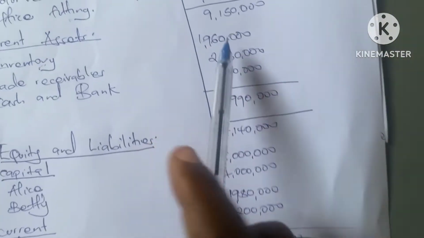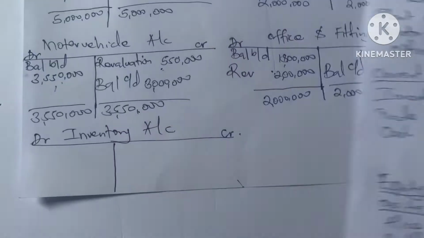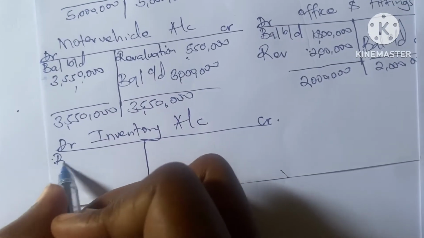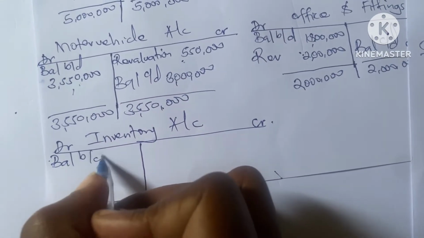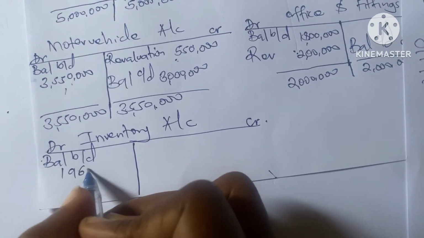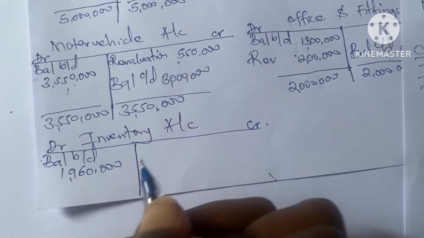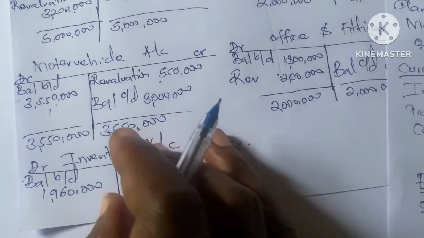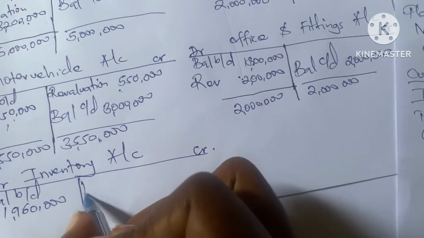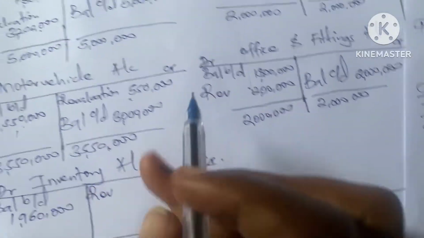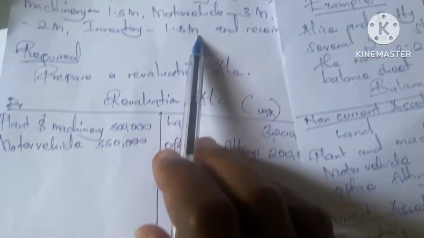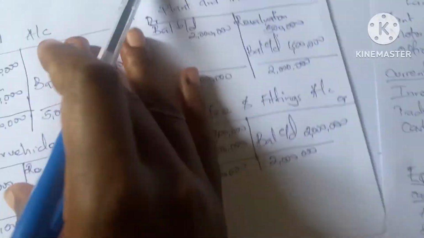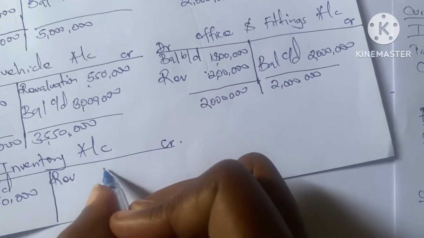So balance brought down will be this. Then inventory is an asset. Assets decreased by crediting. So the revaluation will be this side. The difference between 1.960 and 1.8 will be the revaluation, which is 160.